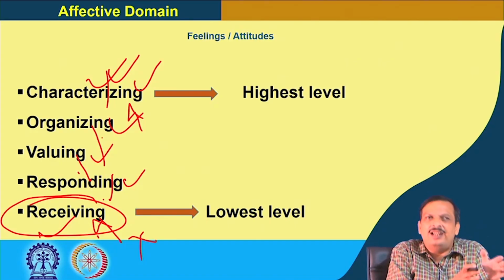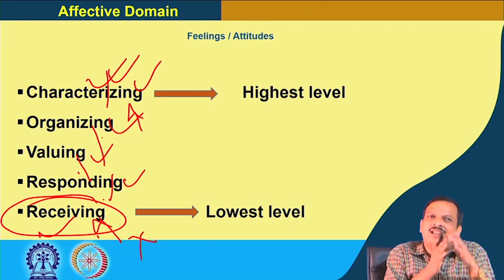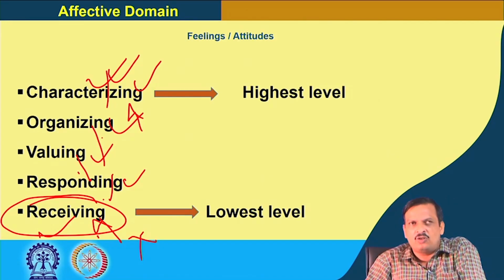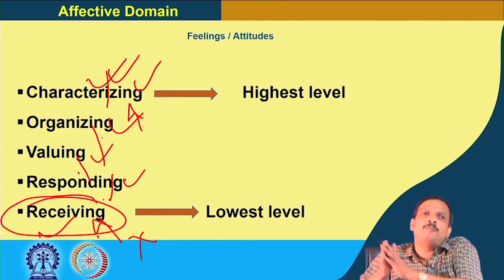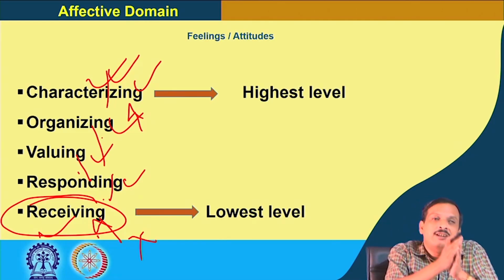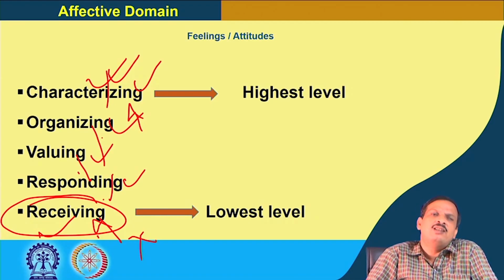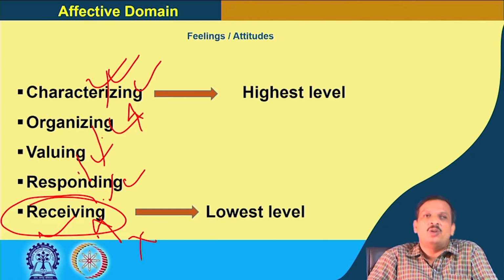Mainly, most POs are attached to the cognitive domain: solving ability, analyzing ability, synthesizing ability and evaluation ability. Some evaluation ability and testing ability are attached to the psychomotor domain, and some POs are also attached to affective domains, engineering ethics, environment and sustainability. So, affective domain learning is also important.